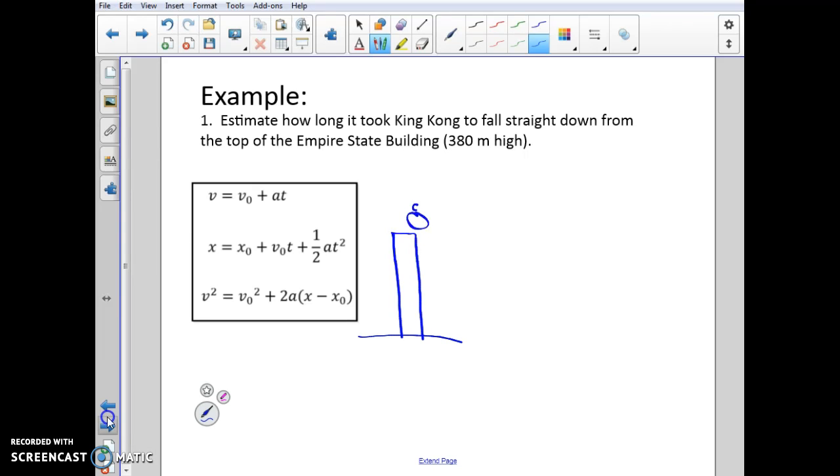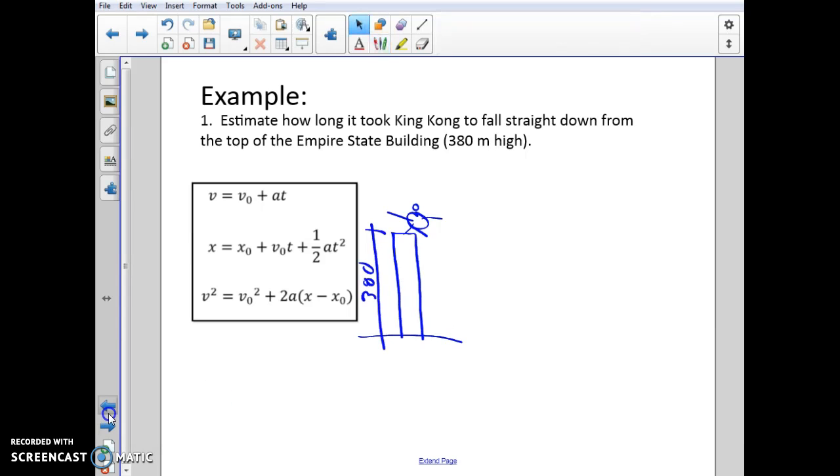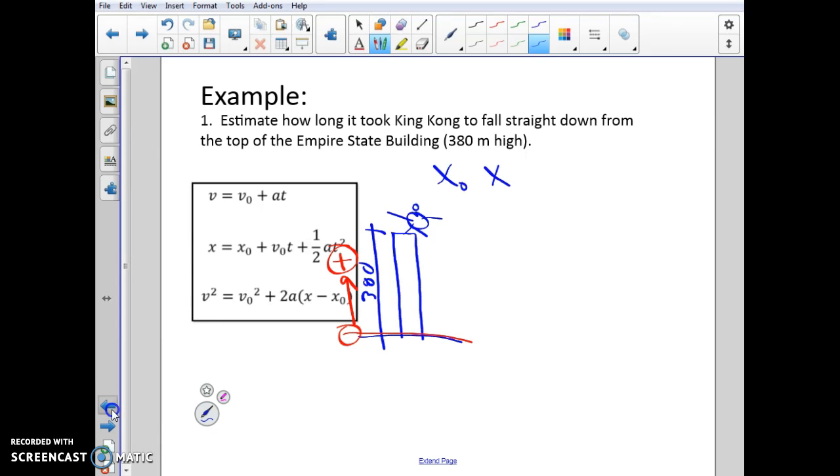So I got the monkey. It's 380. We've determined that this is 0, and then up is positive. So we've set our frame of reference. I'm going to list out my factors, x of 0, x, v sub 0, v, a, and t, and I'm trying to find how long it took.